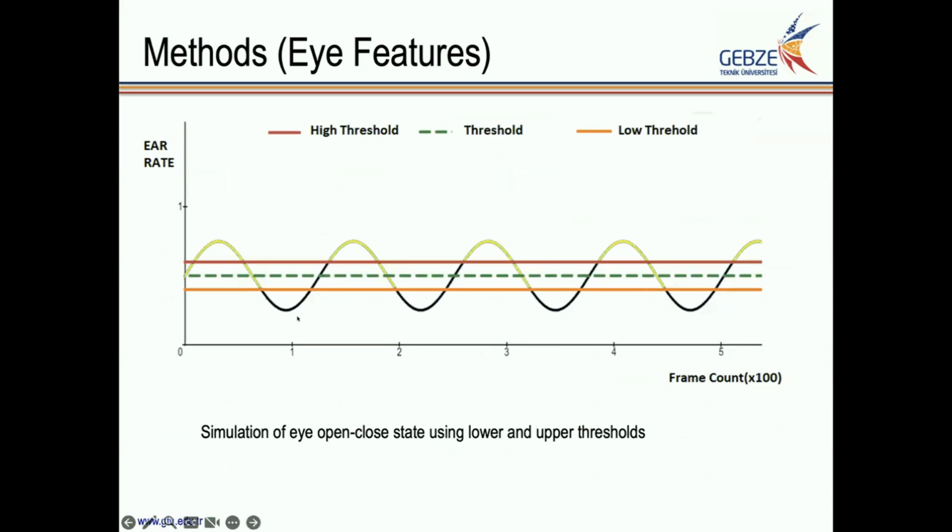So that's just one demonstration. So this one is the eye aspect ratio, okay, and that one is the frames. So ideally, this is our high threshold, that one is our low threshold, and when, for example, the eye aspect ratio gets down from the high threshold, that means the blinking starts, right?